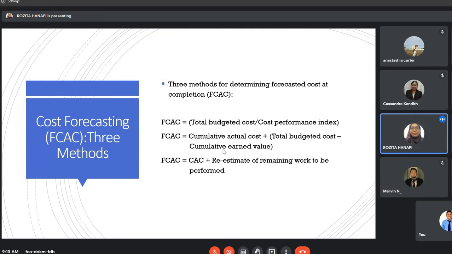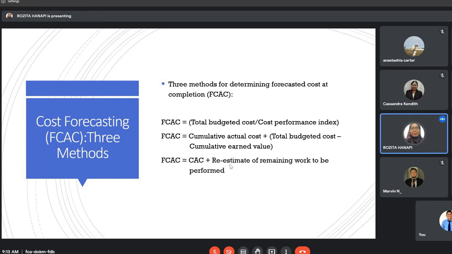Okay, but then for the last one, okay, this one you need to add the cumulative actual cost for performing the project, maybe up to certain weeks, up to certain months, for example, plus the re-estimate. Okay, and then you compare it with the budgeted cost.